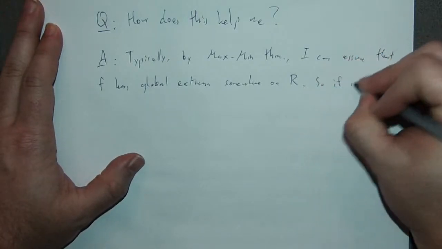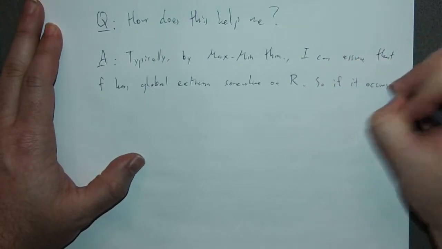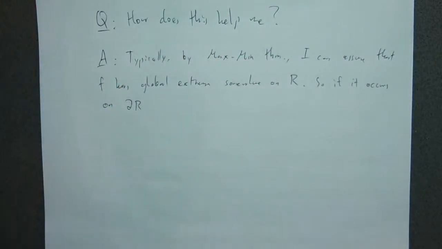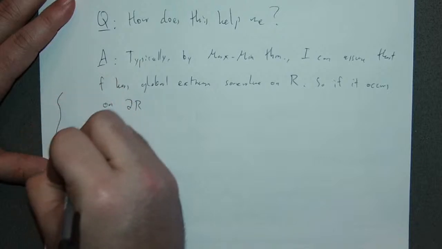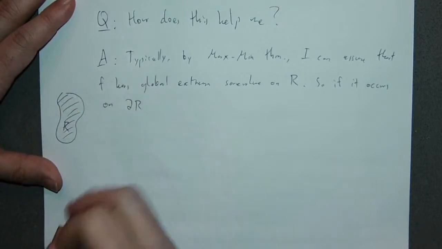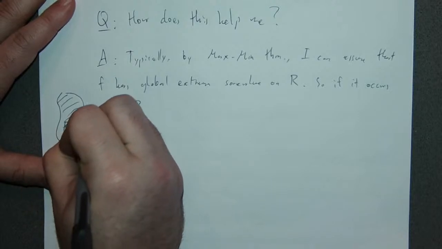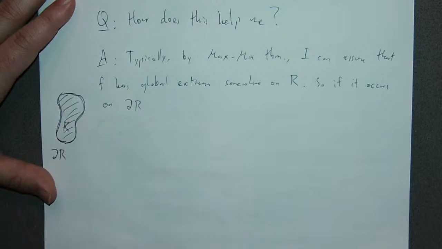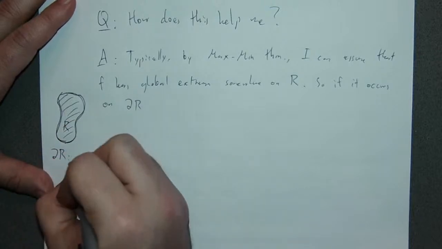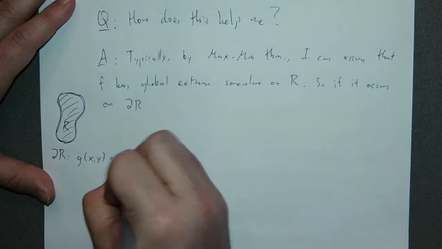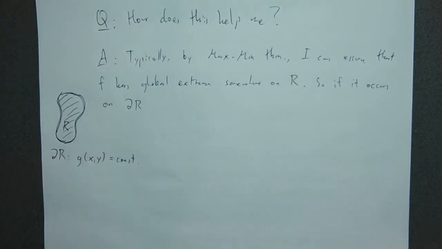So if it occurs on the boundary, del R, of course, in the plane, if this is my region R, what's del R? It's this boundary curve. This boundary curve is going to be expressible as some level curve, g of x y is equal to a constant.